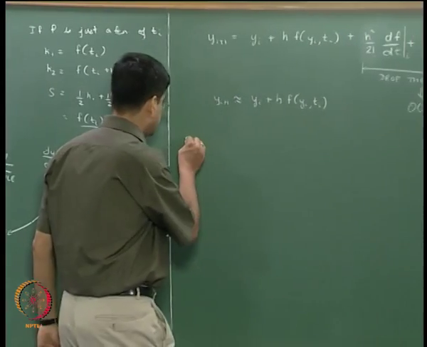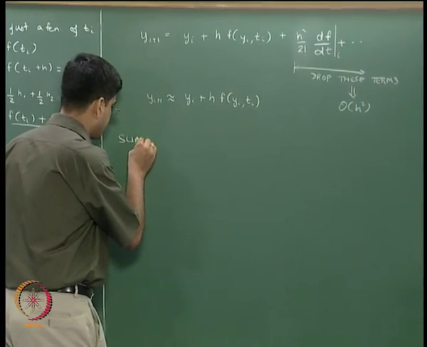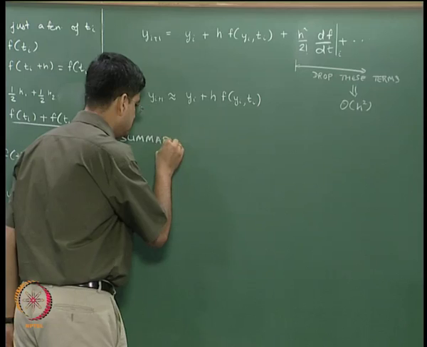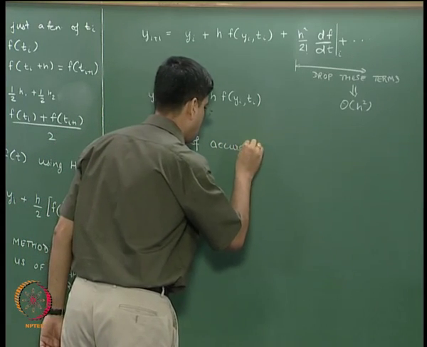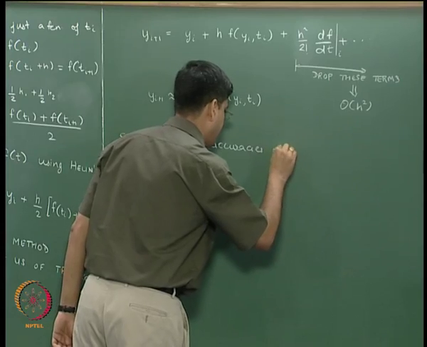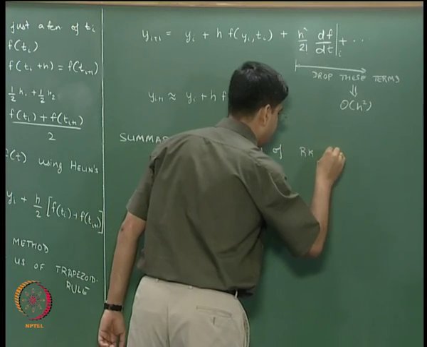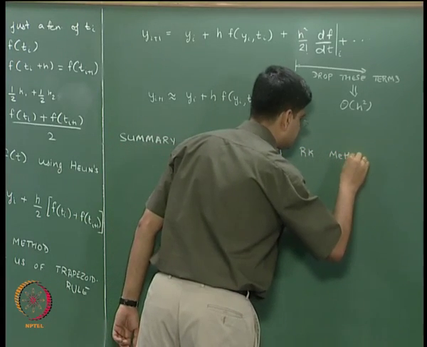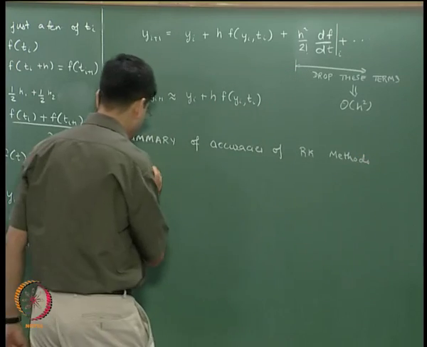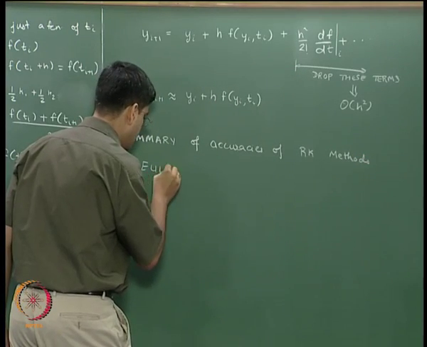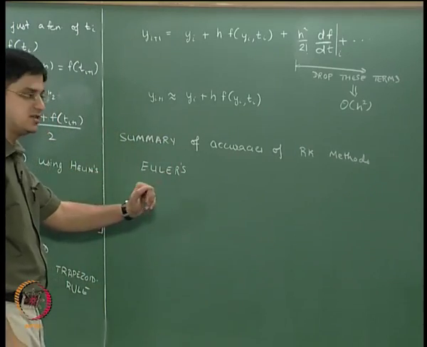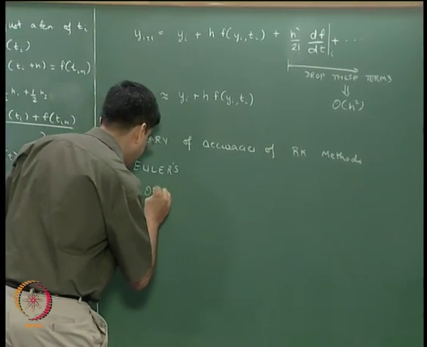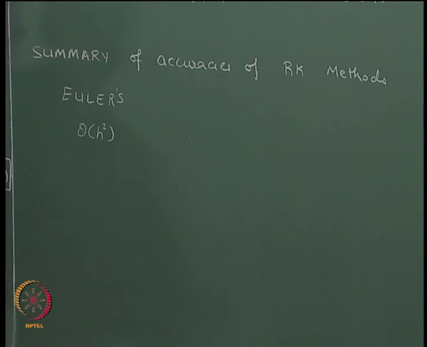So to summarize the accuracies, okay, Euler's method that we just derived is accurate to the order of h squared.